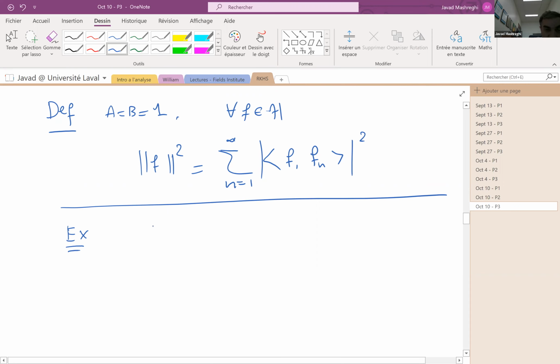Let H be any Hilbert space, and consider two orthonormal bases for H. One of them we represent by U_s, where s is in S, an orthonormal basis.